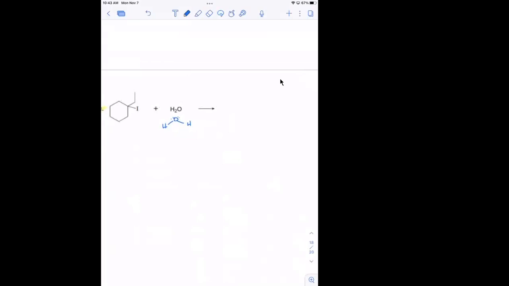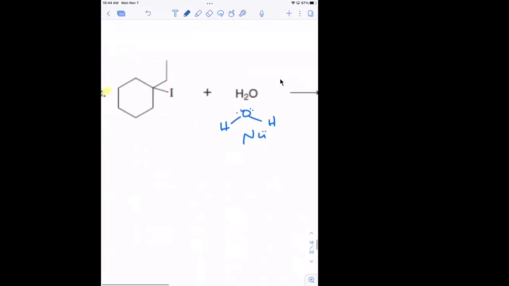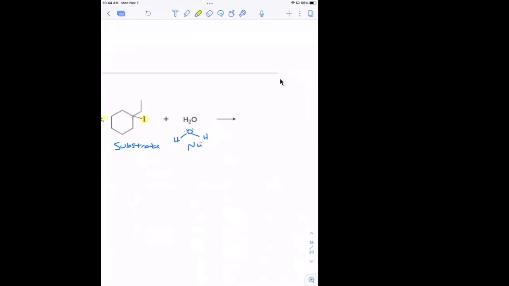It can be a nucleophile, or it can be an acid, which is somewhat of an electrophile, or it can be a base. All right, so here, water is my nucleophile. That makes this my substrate by default. And iodine is my leaving group.